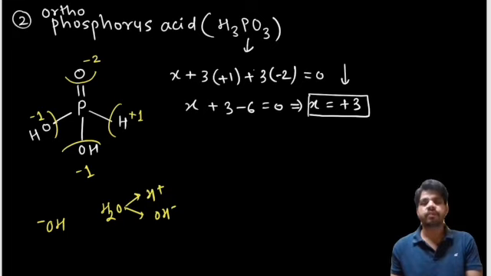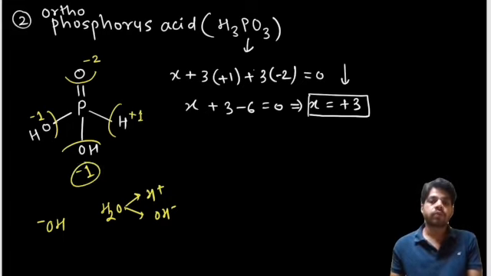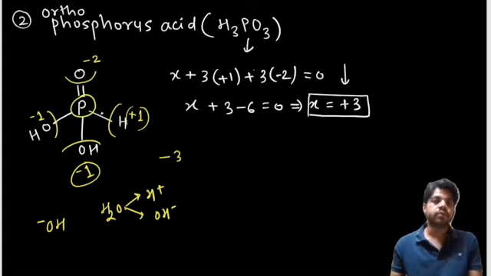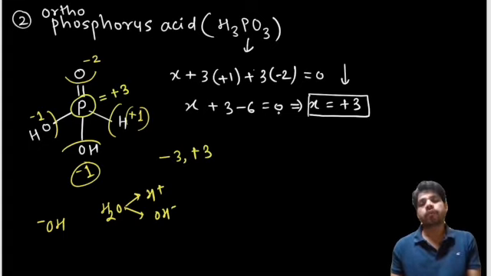I'm telling you this just to help you remember. So we have -1 for oxygen, and we give +1 for the hydrogen, right? What we are left with: the -1 and +1 cancel out, so we have -1 and -2, which is -3. So within the surrounding atoms, if we have -3, then for the center atom, phosphorus, we are left with +3 only. So the oxidation state of phosphorus will be +3. This is the short way. This is the long way.